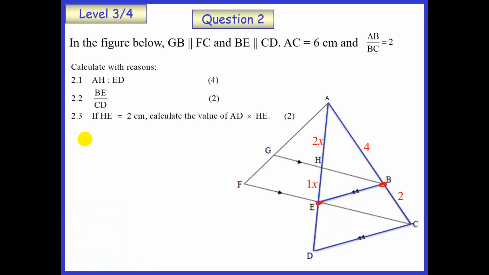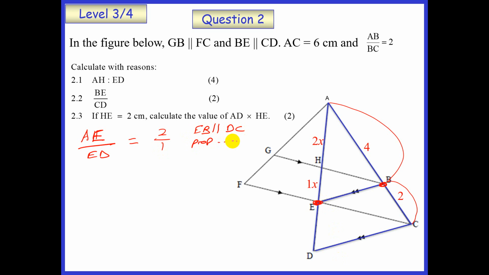We can now make a conclusion that AE, looking at this to be my breaking point, AE over ED is actually equal to, in the same ratio, 2 over 1, which is 2:1. And the reason there would be EB is parallel to DC, and you would say proportional intercept theorem, okay?